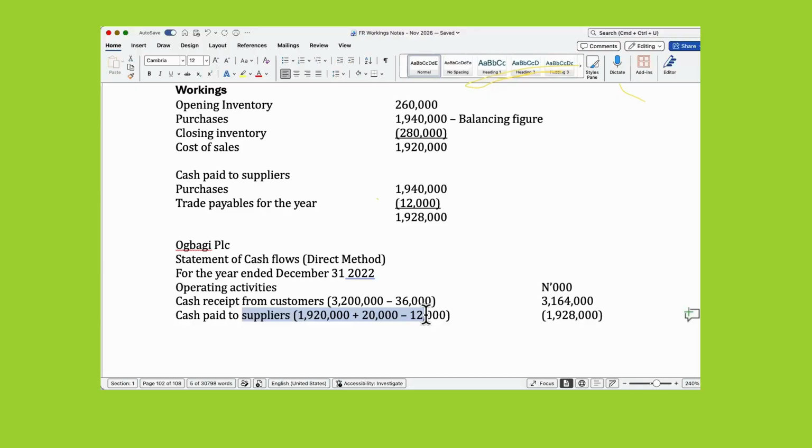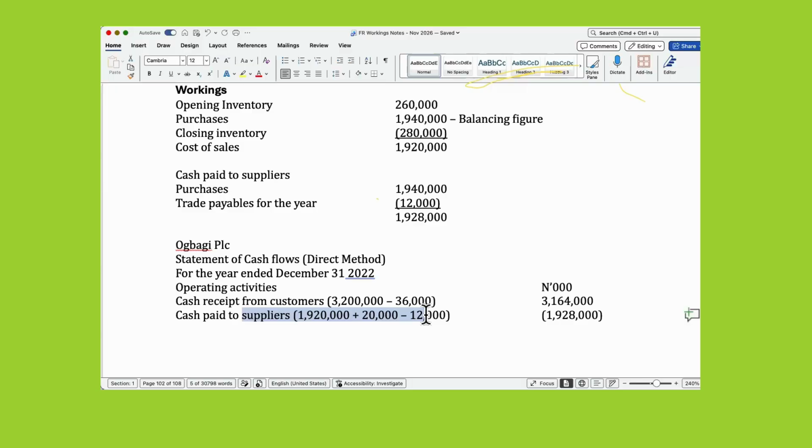Okay, sir. From everything you explained in this cash paid to suppliers workings, can we choose to just say that the total purchases minus the trade payables for the year will still give us the cash paid to suppliers, without having to go through this opening inventory plus purchases minus closing inventory?